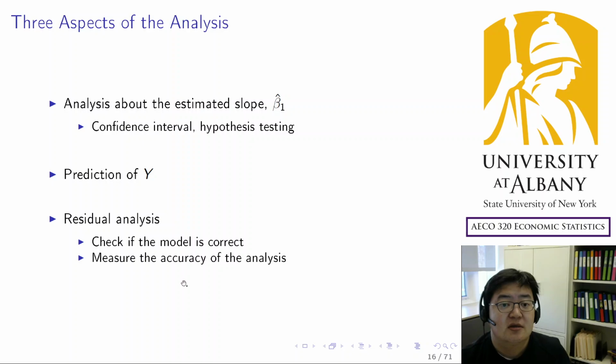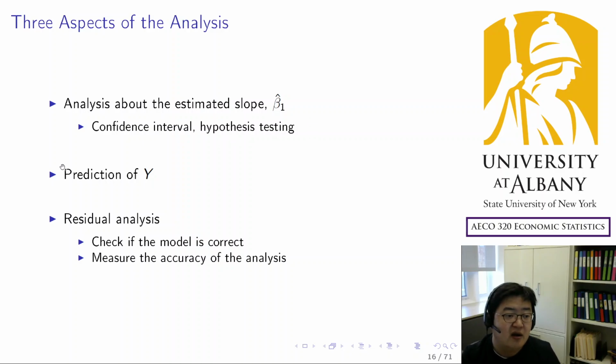Okay. So for now, as I said, we will take the results as given. I'm going to explain how the results are calculated later. But for now, I will first show you what kind of properties this estimator has, like confidence interval and hypothesis testing.